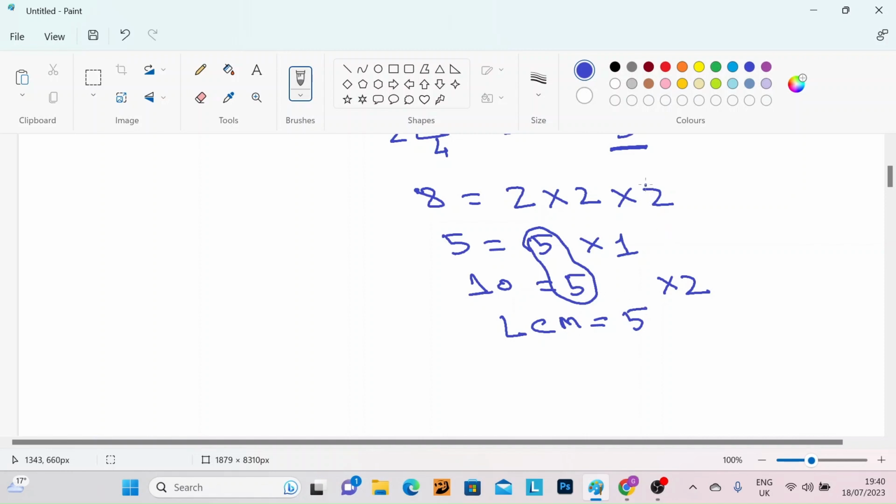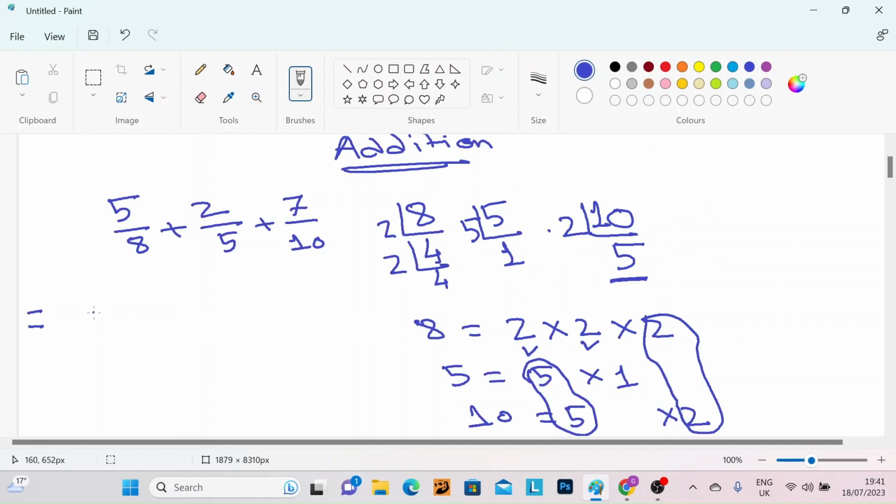Then 2 is common in 2 rows. From these rows, we get one 2. Then this remaining 2 has no pairing or common. So we write 2 times 2. So the LCM is 40.